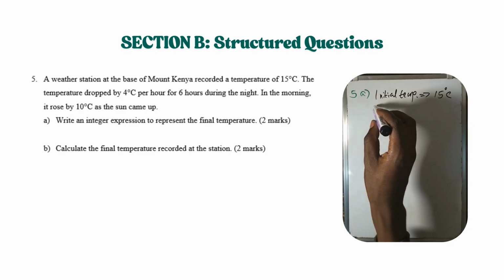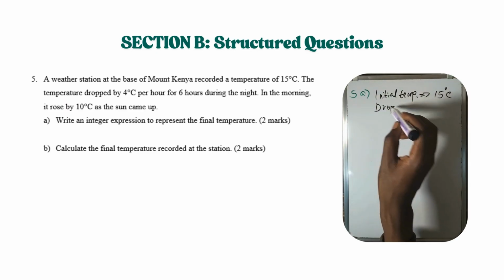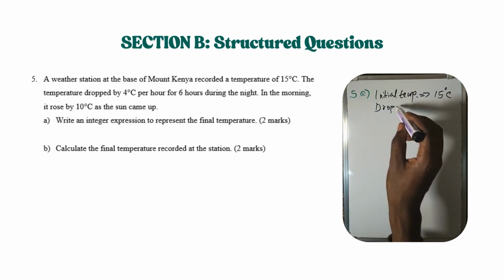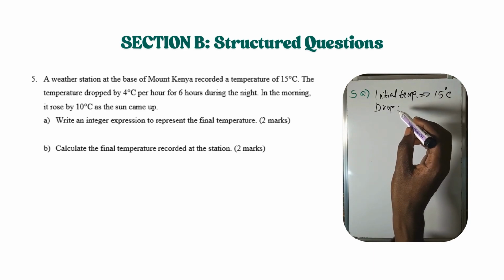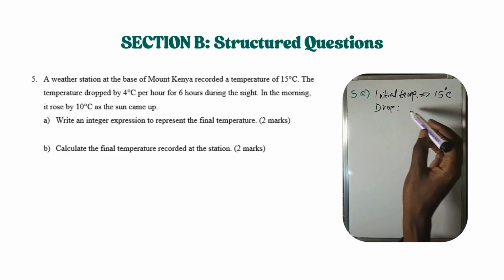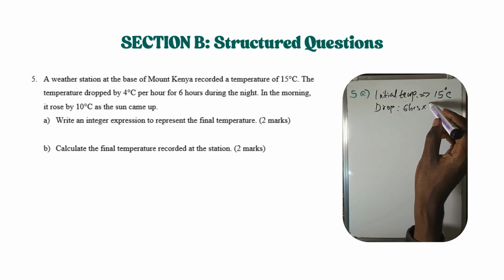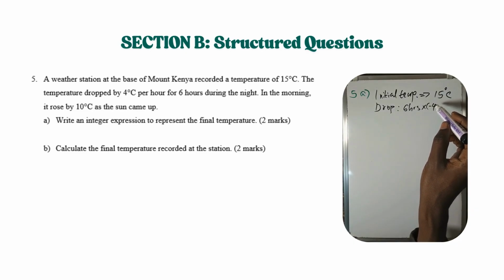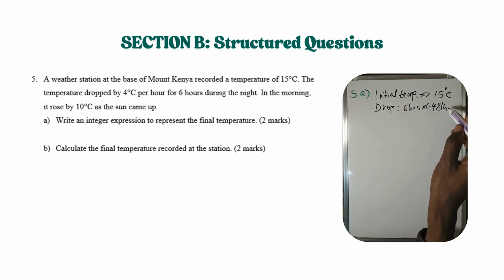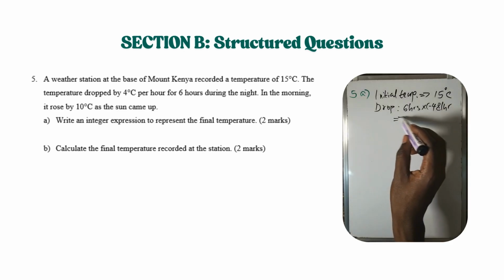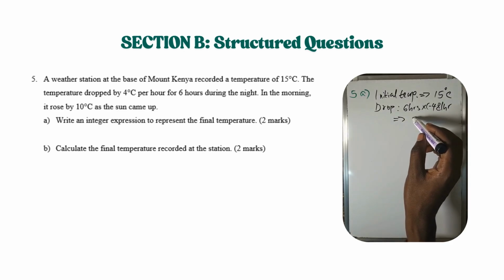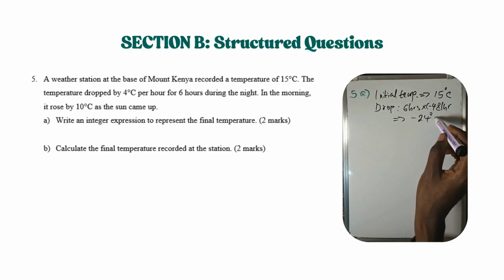And now there was a drop, and this drop was over 6 hours. The rate of the drop is negative 4 degrees Celsius per hour, so this drop is 24 degrees Celsius.